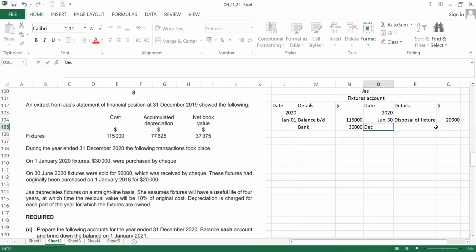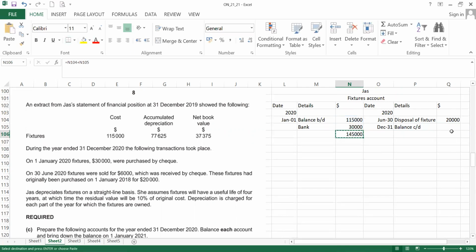So we can calculate the balance carried down first. Take this minus this, 125 here, 2021 January 1st. Okay, balance brought down. Remember balance carried down, this all must be complete.